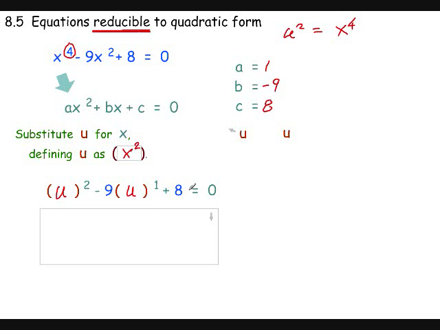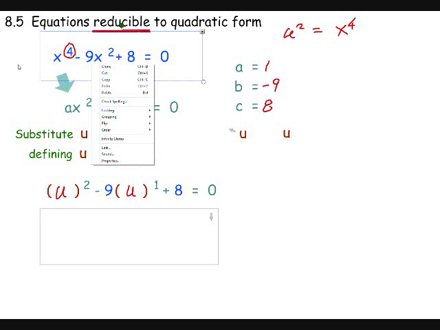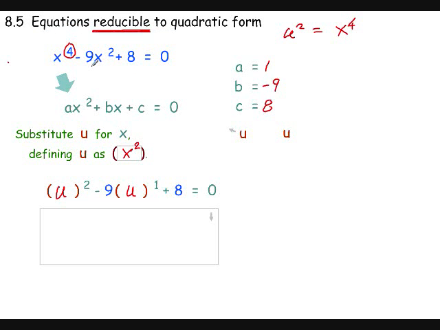Now, one thing I want to point out to you here, which is usually helpful: if it's going to be reducible to the quadratic form, whatever you find as your middle term, that's going to be what your u is equal to.